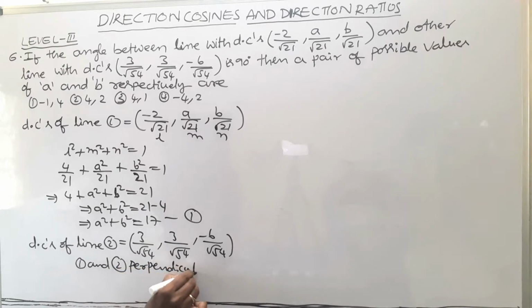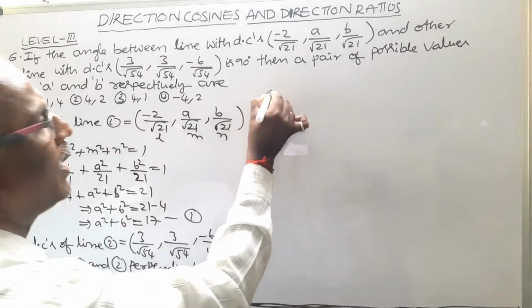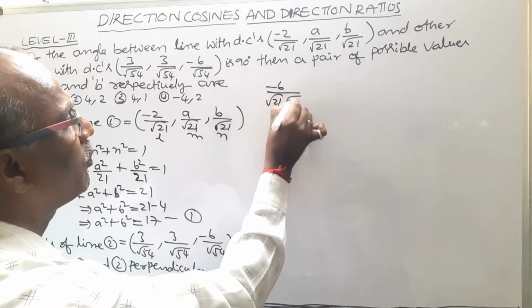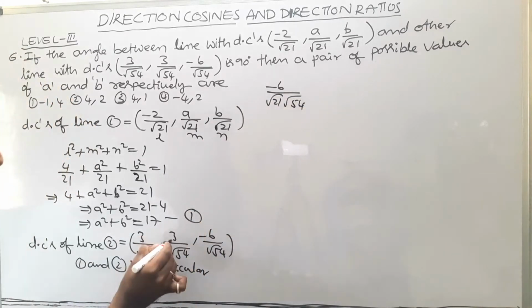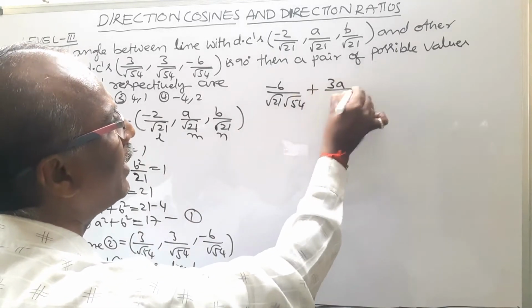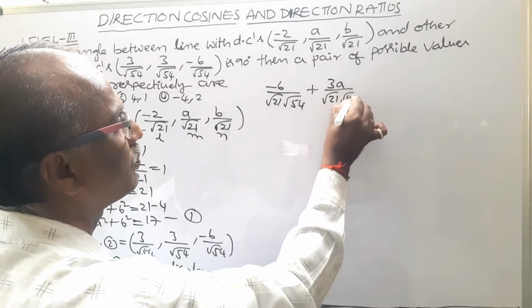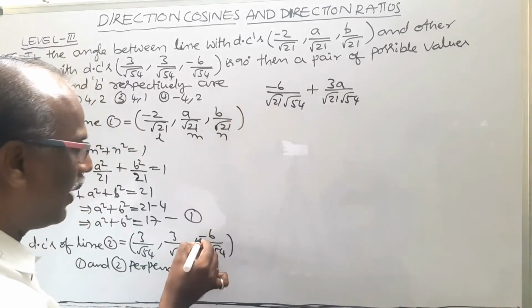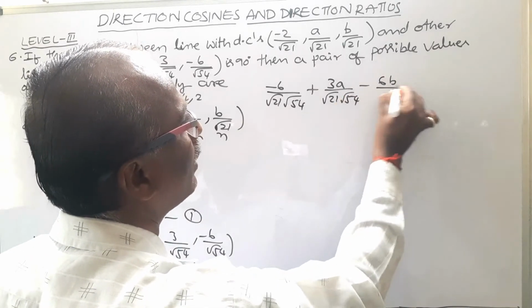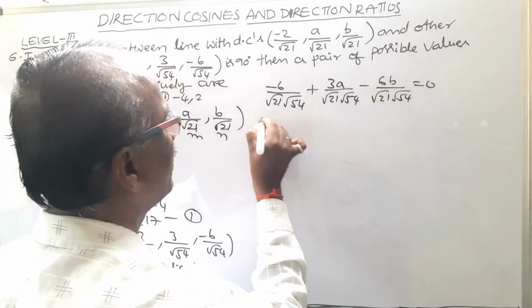Lines 1 and 2 perpendicular. L1 L2: minus 2 into 3, minus 6 by root 21 into root 54. Then 3 into A, 3A by root 21 into root 54. Then B into minus 6, minus 6B by root 21 into root 54, equal to 0.